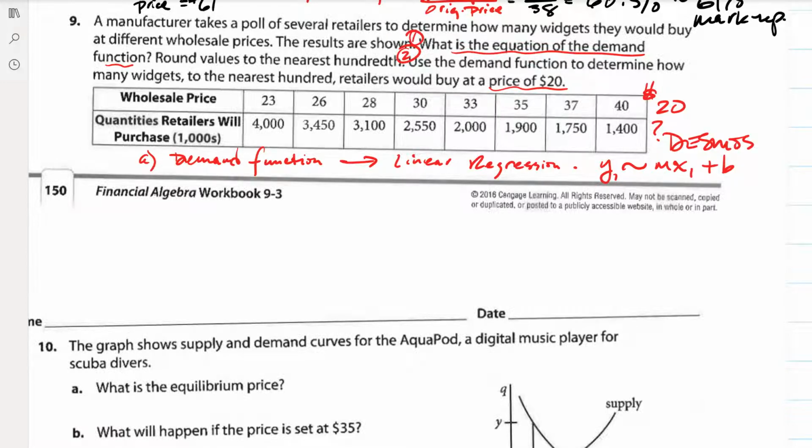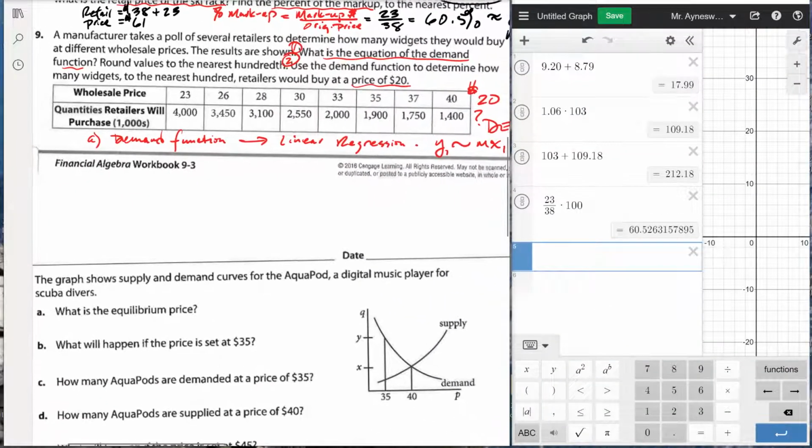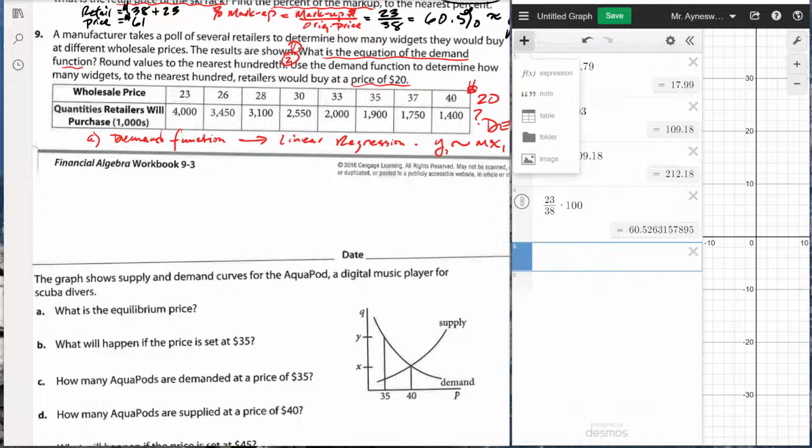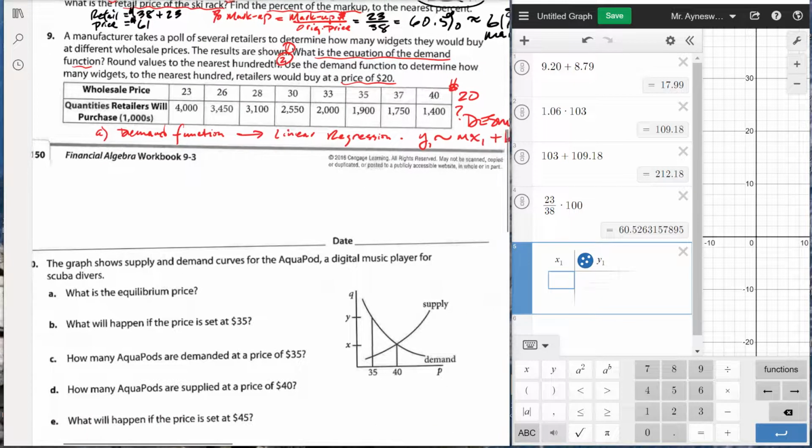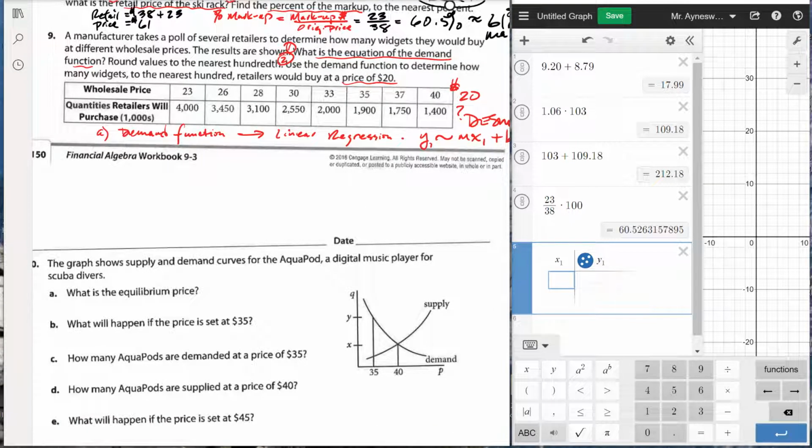So let's go to Desmos, and we're going to have to enter the data in. Add in a table. When you do this, put the x values in first. The quantity depends on the price, so y and x right here.